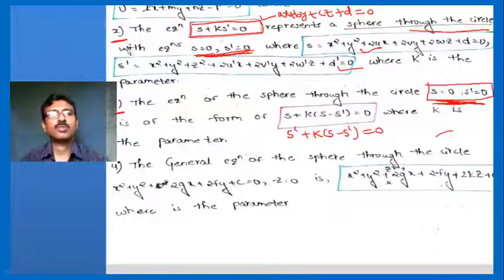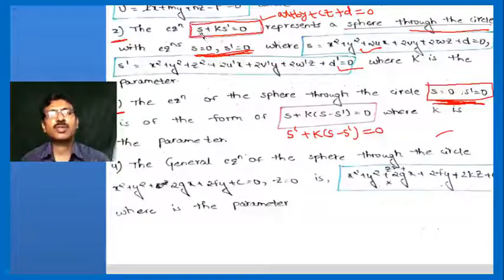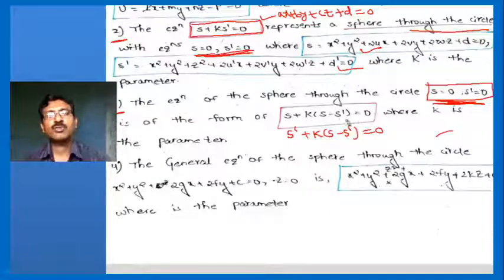Of course, the second and third are similar formulae. In the third formula also, the circle is denoted by two spheres. We can use S plus kS dash equal to 0 or S plus k(S minus S dash) equal to 0.